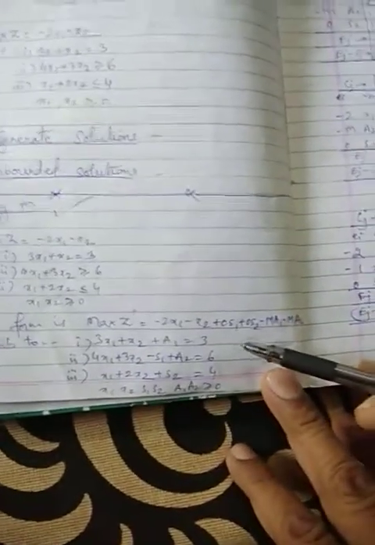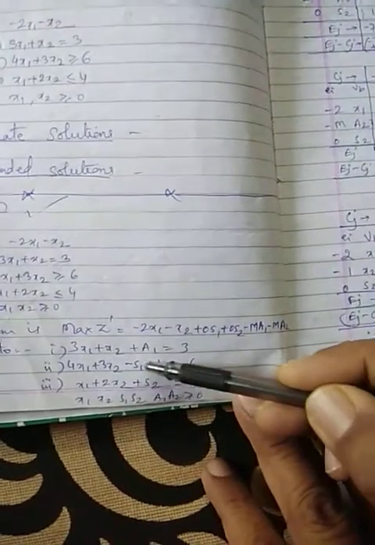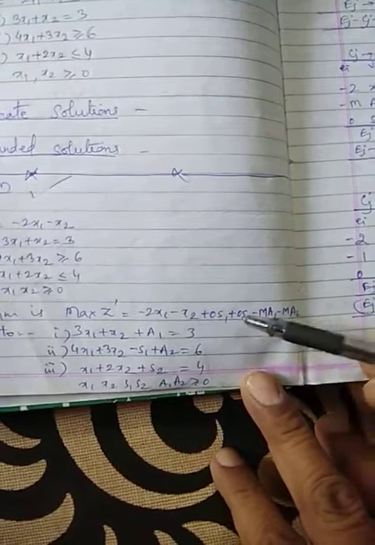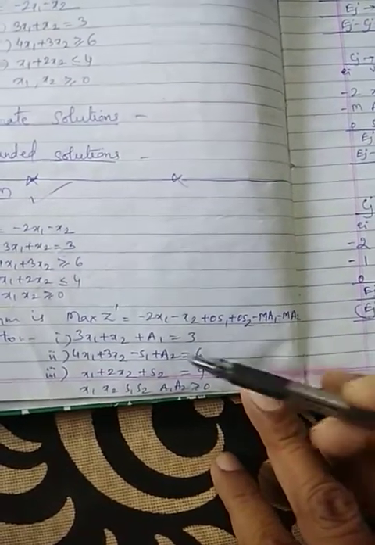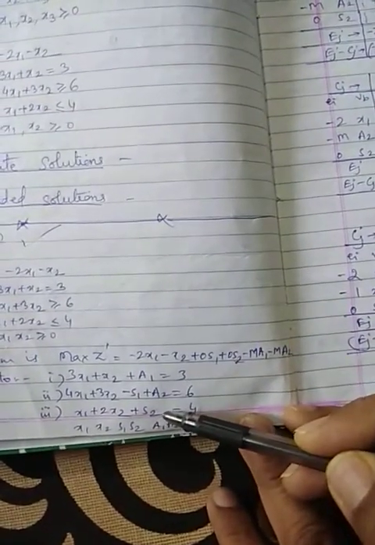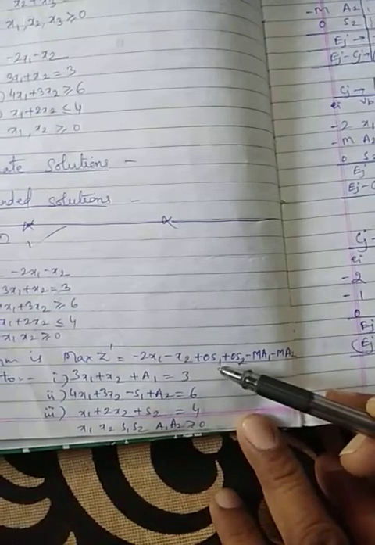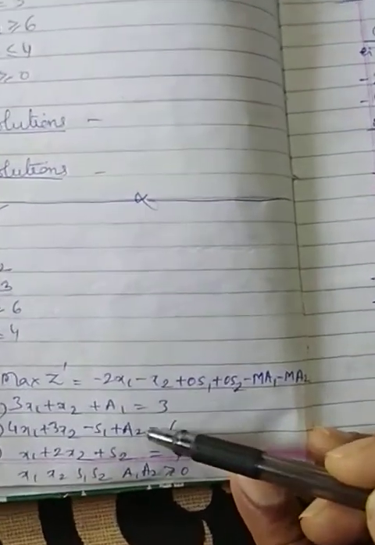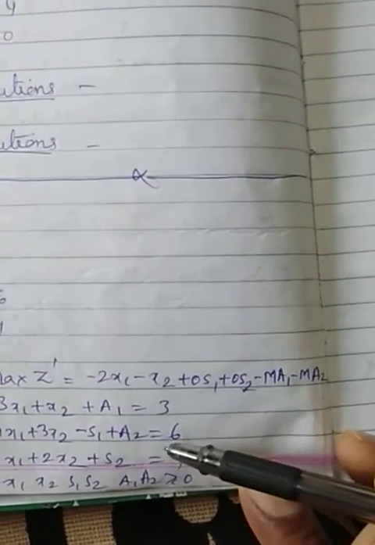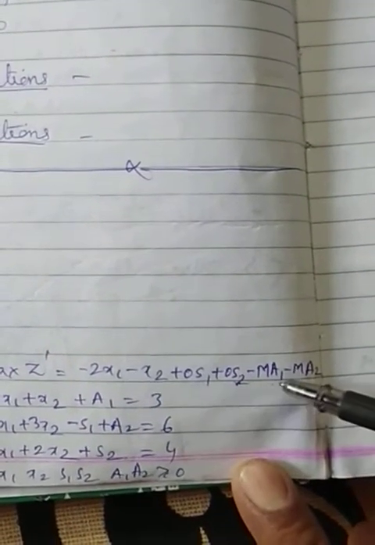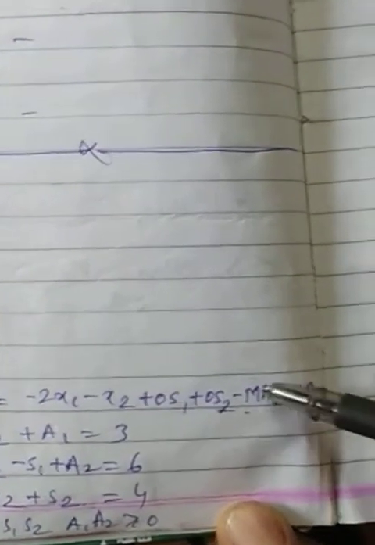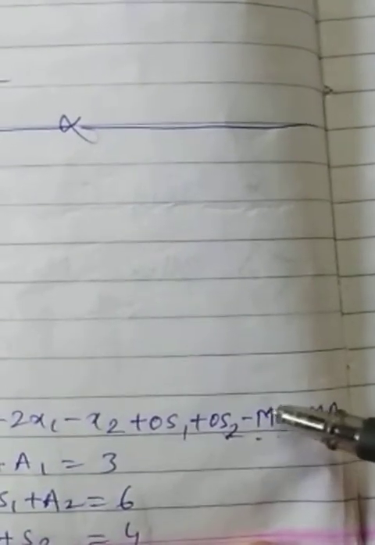If you come back to the objective function, we see that all the slack variables or surplus variables should always be added in the objective function with 0 coefficient, whereas artificial variables a1, a2 should always be added in the objective function with minus M coefficient, where M is a penalty, M is a huge number, a big number.